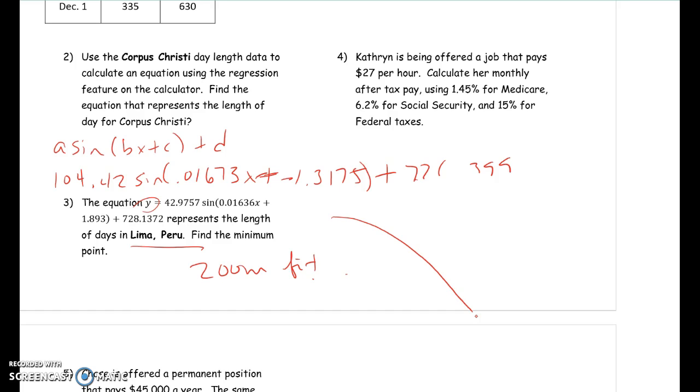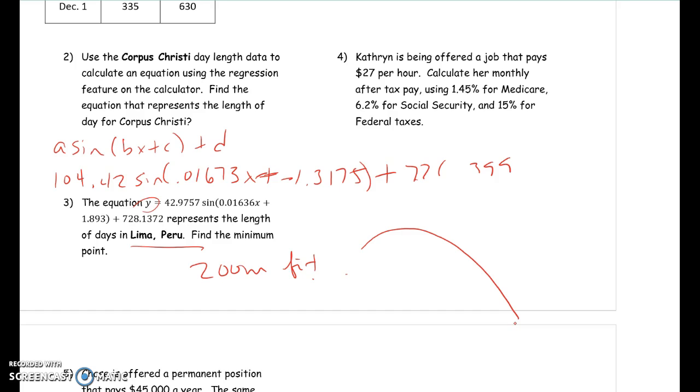So I think I'm going to zoom out a little bit on this picture just to see what in the world is happening here. Zoom out a little. Okay, so now when I zoom out, now yours may look different. You know, we have different calculators. Mine's going like this. Okay, and then it wants the minimum point. Well, shoot, it still is going really low.